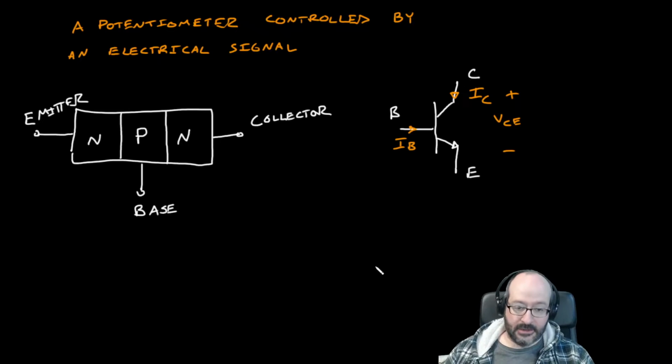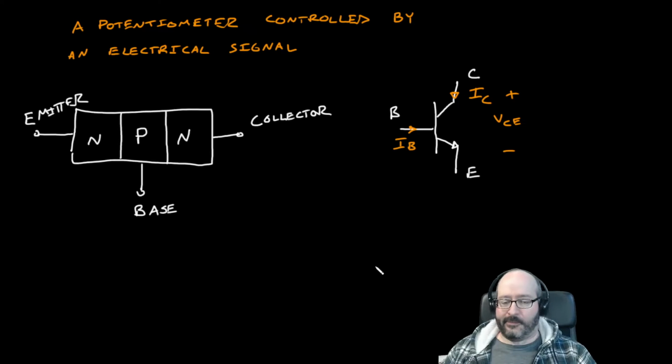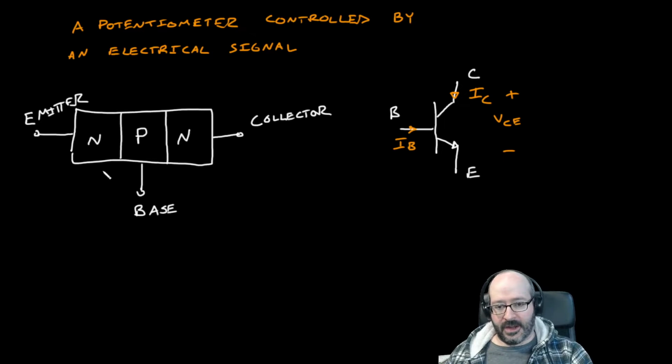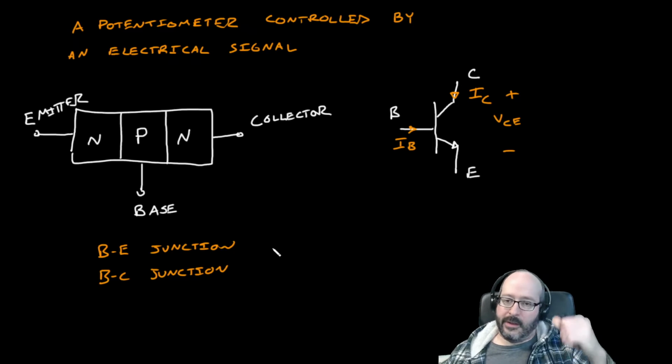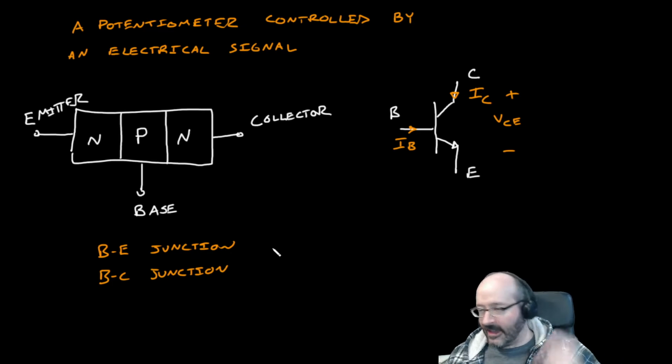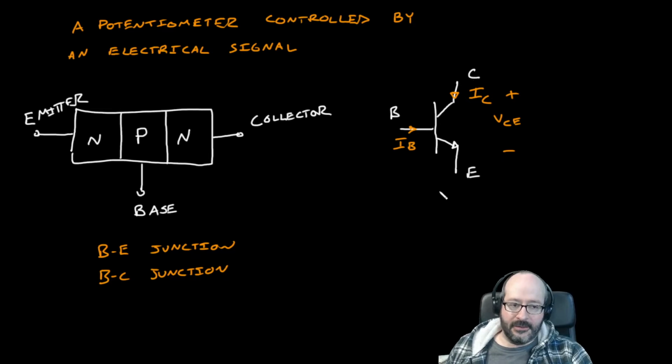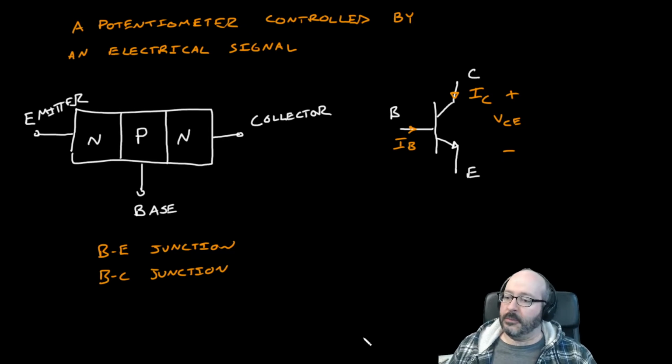Okay, so broad strokes, this is what we're headed towards. We end up with these 2 junctions. Okay, we call one of them the base-emitter junction, and we have the base-collector junction as well. KVL still works, KCL still works. We've got to develop Ohm's law for this mess.